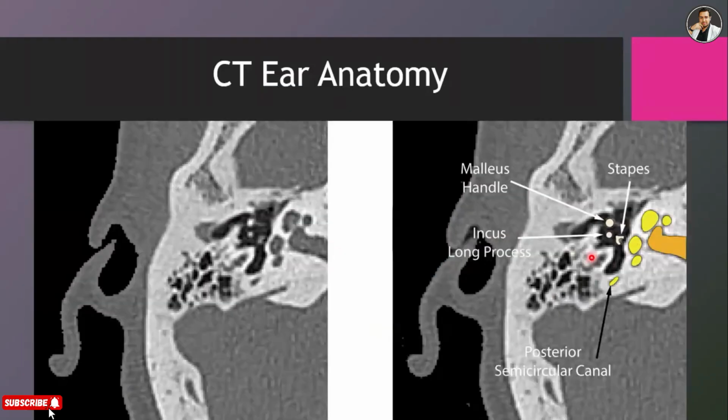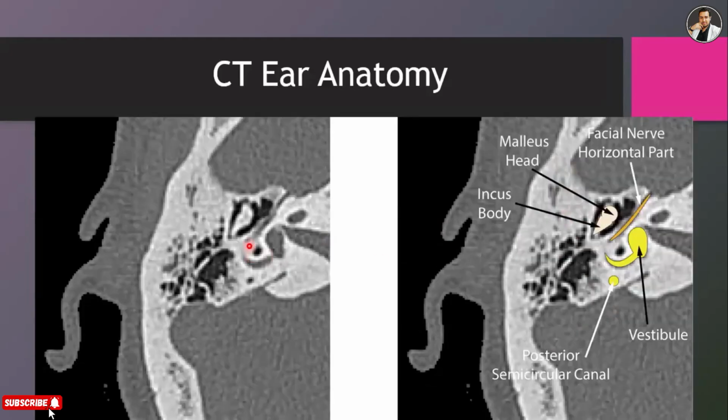In this film we will see the stapes, malleus and incus. This is the mastoid air cell. This is the posterior semicircular canal. This is the malleus head. Next is the incus body.